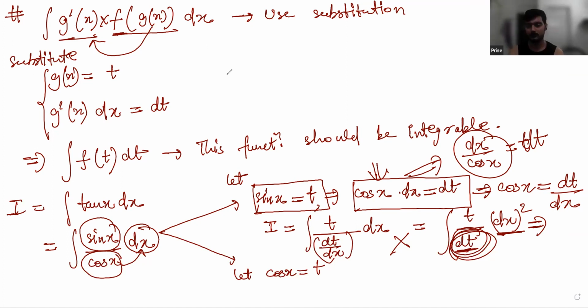Right? So the first thing is, whatever function you are substituting, the differentiation of that function should be present in the function. Now the second rule is, if you substitute anything, you should be able to replace this dx, and in place of dx, you have to use dt or whatever variable you are using. If you are using y, then dy.